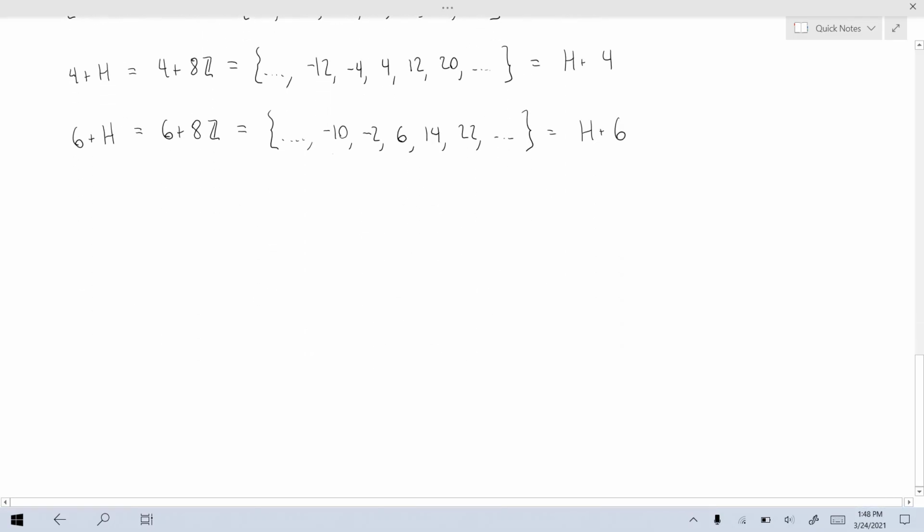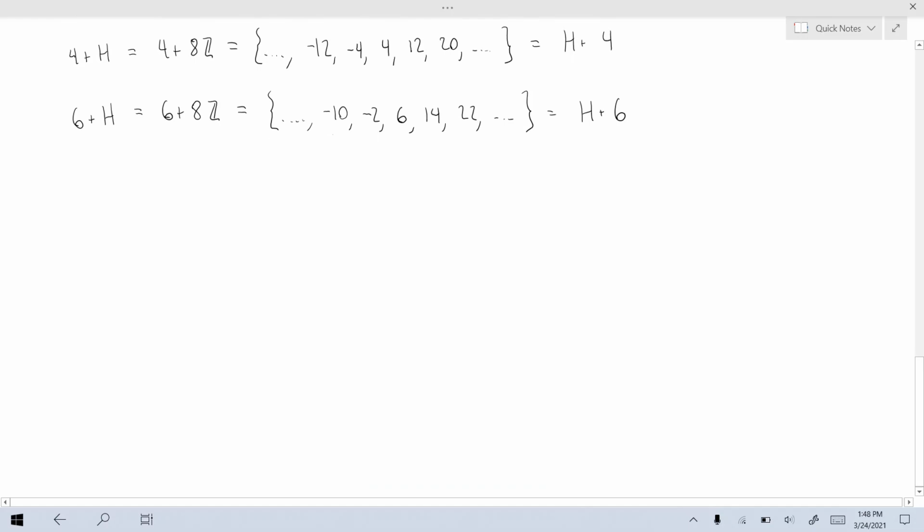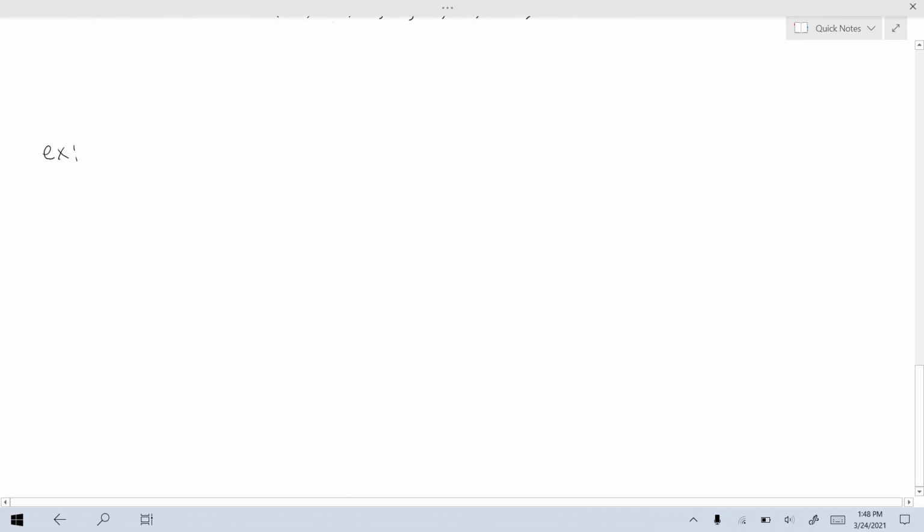Let's do another example. So it's going to be good to do an example involving a finite group. So let me take the group G to be the group Z36. So it's like integers with addition modulo 36.